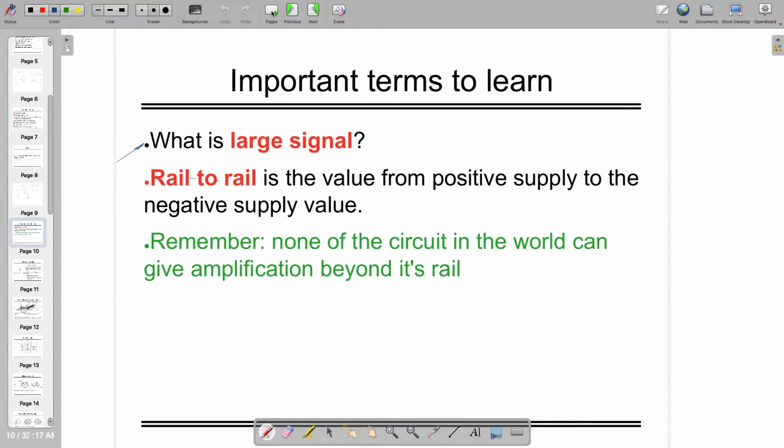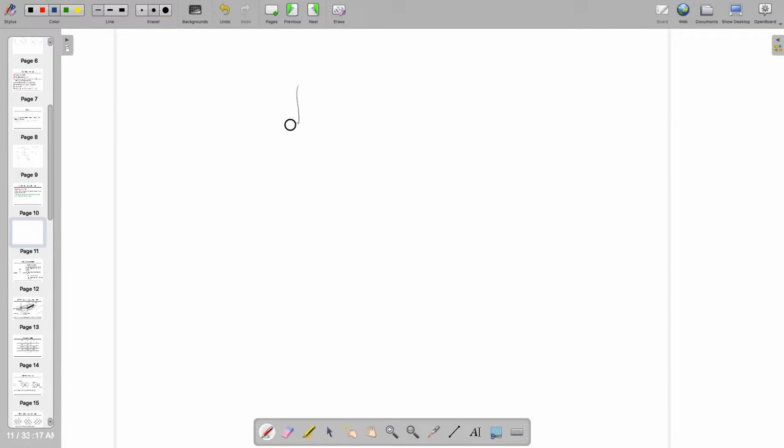I believe you have seen this one, right? This is called a MOSFET. It is called metal oxide semiconductor field effect transistor. This is the one which works with field, meaning voltage.